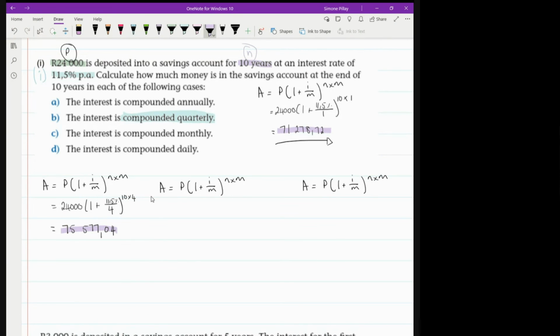Let's look at now what happens when we compound it monthly. Again, everything is going to be the exact same, except tell me, guys, if we compound it monthly, what is my m going to be?